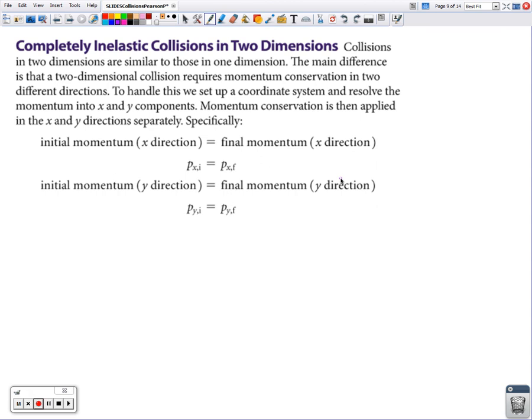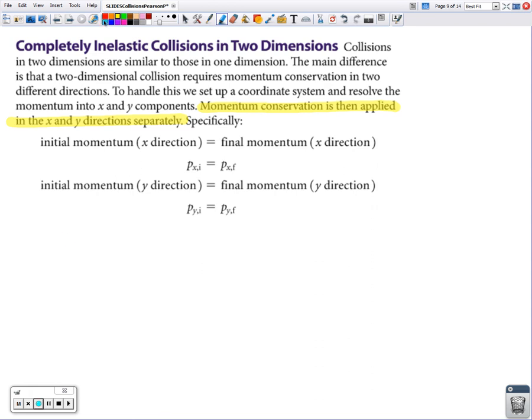Sorry, I know I flip back and forth a lot. So it says here, momentum conservation for completely inelastic collisions in 2 dimensions. Momentum still has to be conserved, but very similarly to what we did when we were talking about projectile motion or equilibrium in 2 dimensions, momentum conservation is applied in the x and y directions separately.